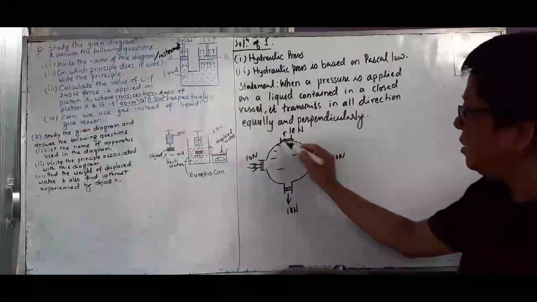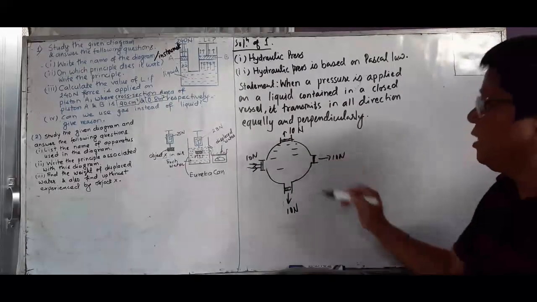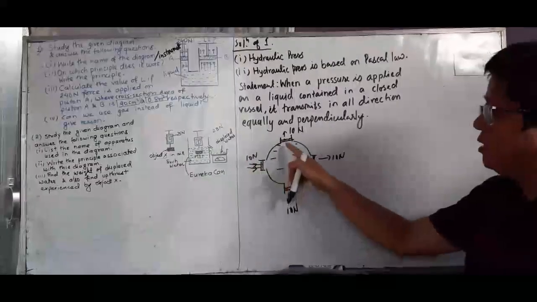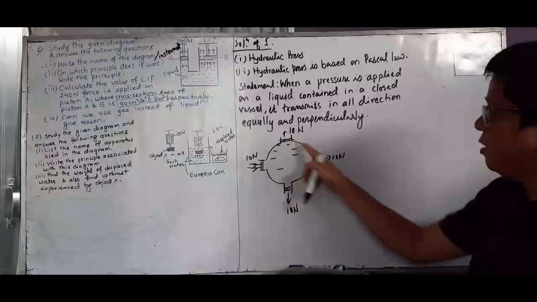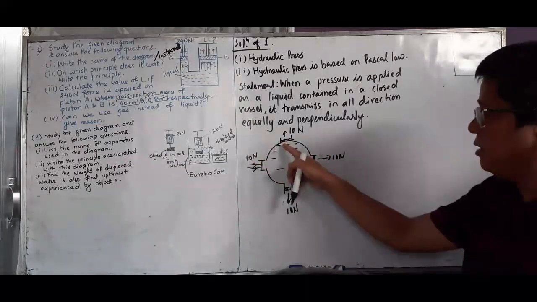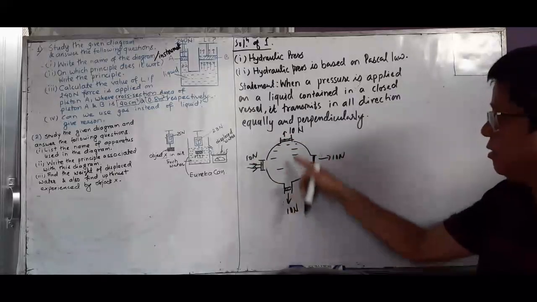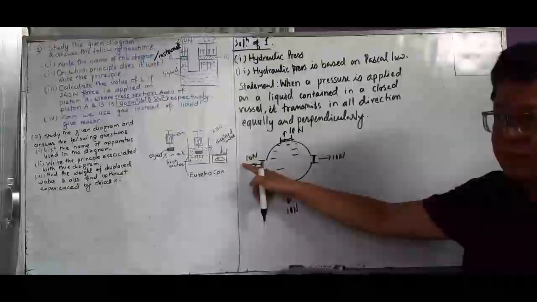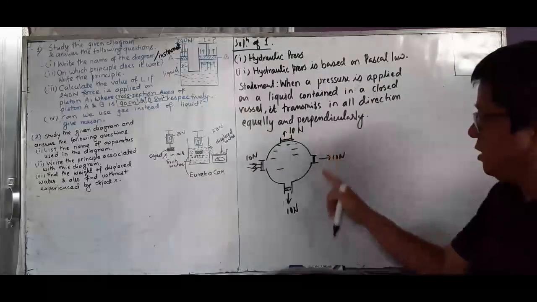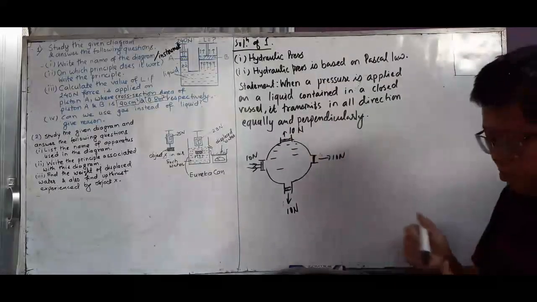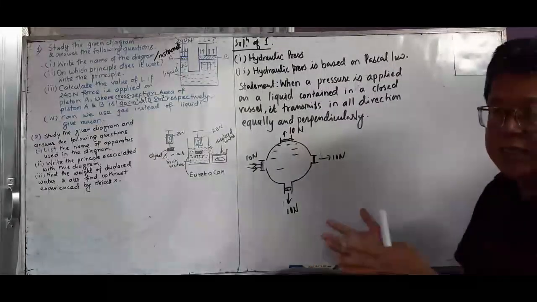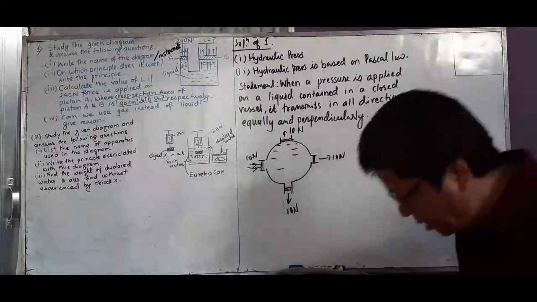If you assume that the area of all these pistons are equal, then this 10 newtons of force is applied in all directions. So the 10 Newton force becomes 10, 10, 10, 30 newtons. So liquid is considered as a force multiplier because it is incompressible.